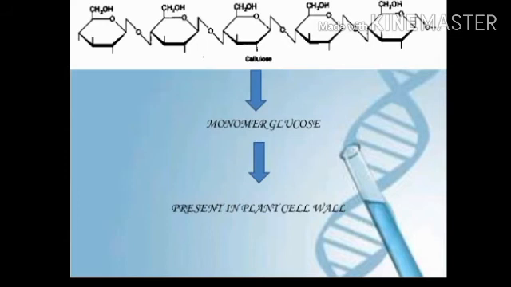The first glucose molecule's carbon number 1 is joined with carbon number 4 of the second glucose molecule. This linkage is a 1,4 linkage, and this bond is called a glycosidic bond.